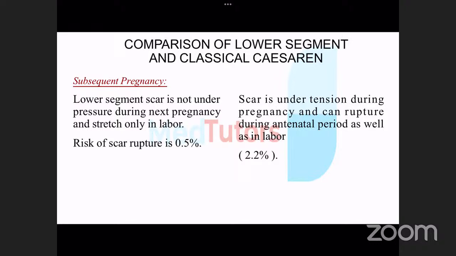However, when you compare lower segment incision and classical cesarean section incision, the risk of scar rupture is 0.5% for lower segment incision, but it is 2.2% for classical cesarean section. So the risk of rupture is very high. In fact, it's more than 4 times higher when you compare the upper segment or classical cesarean section scar to the lower segment. Next slide.